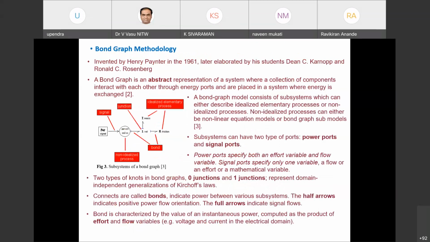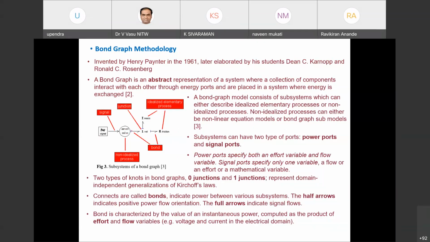This bond graph model has been invented a long time ago; it is a very old model. It is an abstract representation of a system which collects the components interacting with each other through energy ports in a system where energy is exchanged.